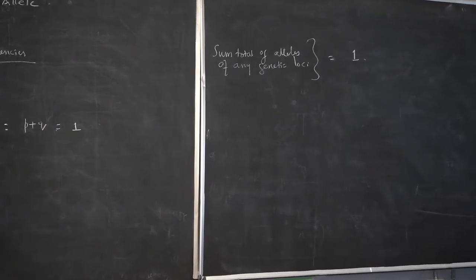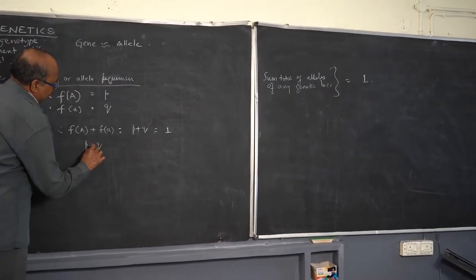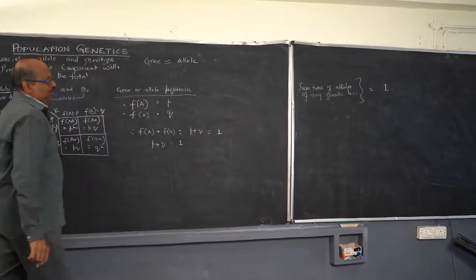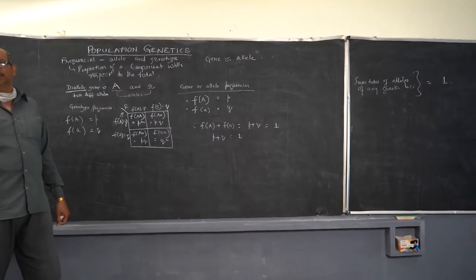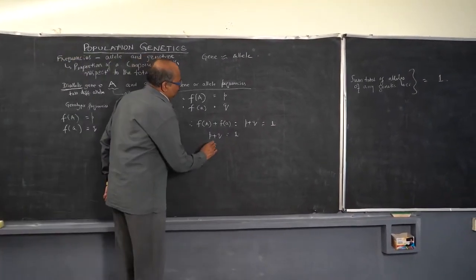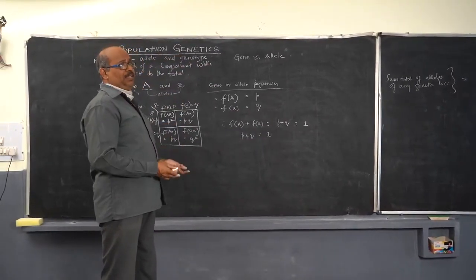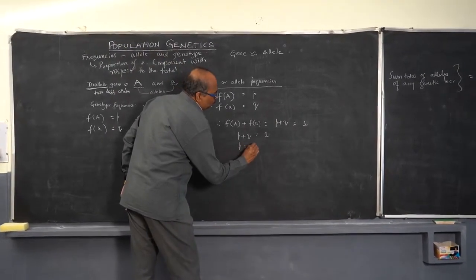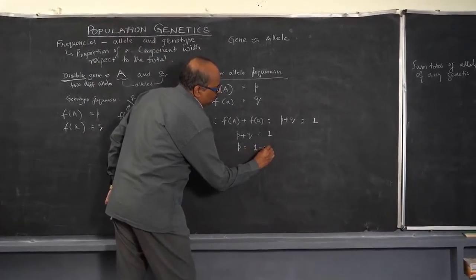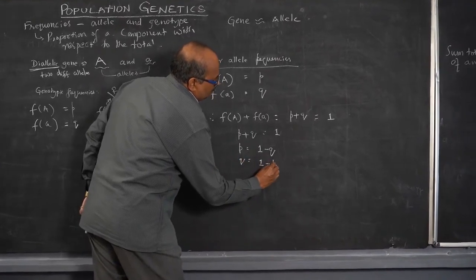So if I have P plus Q equals 1, what can I do here? Imagine a case where I know P, but I don't know Q. I can readily identify that. Similarly, when I know Q but not P, I can readily identify that. So P equals 1 minus Q and Q equals 1 minus P.